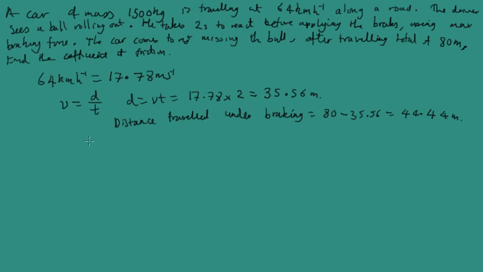So let's think about it: there's no gravitational potential energy because he's on the horizontal. So it's going to be the change in kinetic energy. Half m v squared is half times the mass 1500 times the velocity 17.78 squared, and this is lost, and its final speed is 0.